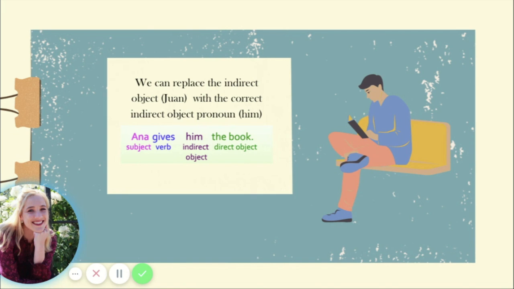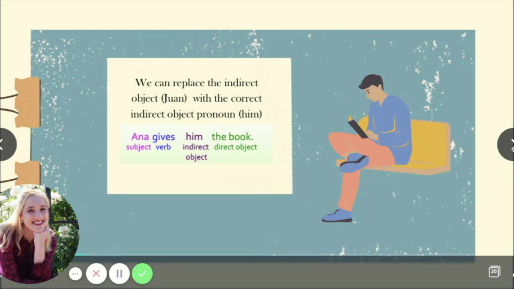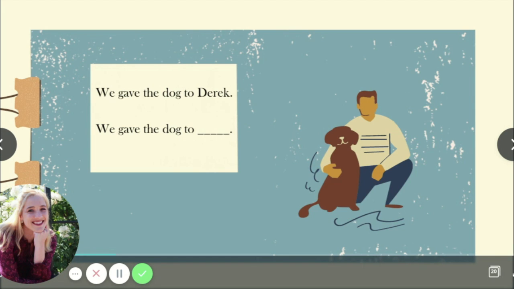So if we know that him is referring to Juan, we can just say him, right? Anna gives him the book, or Anna gives the book to him. Okay? So another example in English, we gave the dog to Derek. Right? If we wanted to use a pronoun instead of Derek, we could say we gave the dog to him.